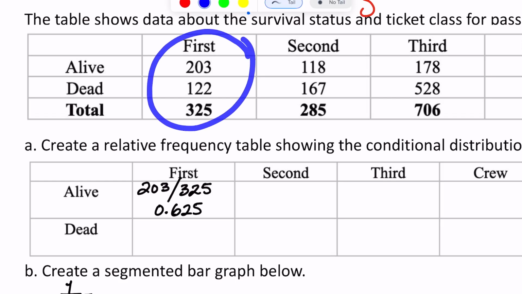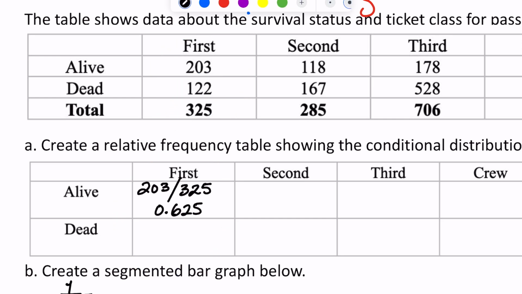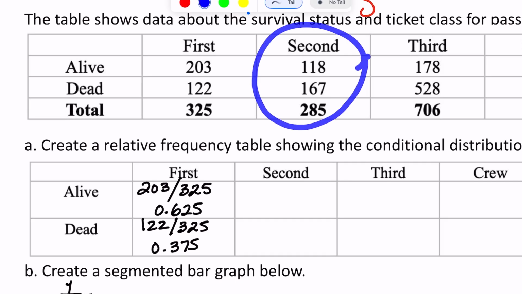Okay, we're going to do the same thing for the dead category. There were 122 out of 325 that were dead, which is 0.375. Okay, let's do the second class now.